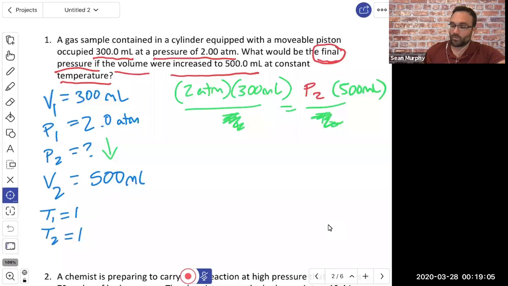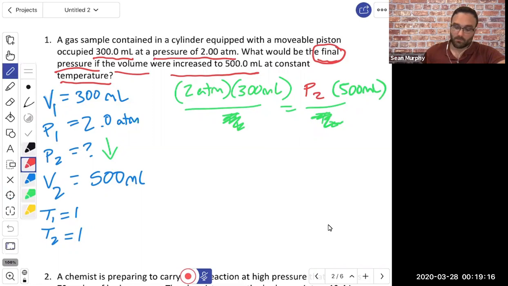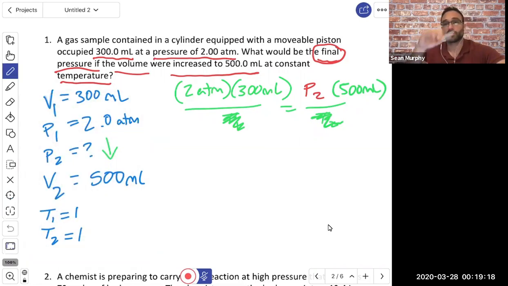So when you see a number on the opposite side of the equal sign, we're going to move diagonally. We're going to cross multiply. To get rid of this 500, I can't just move it from right to left. The only way I can do so is to move it diagonally.